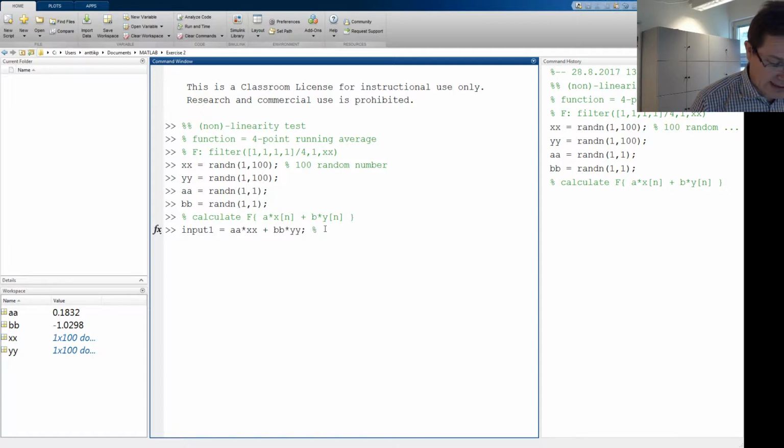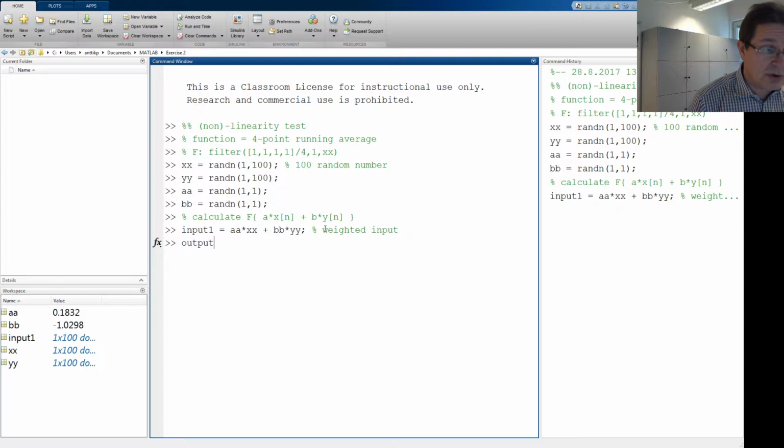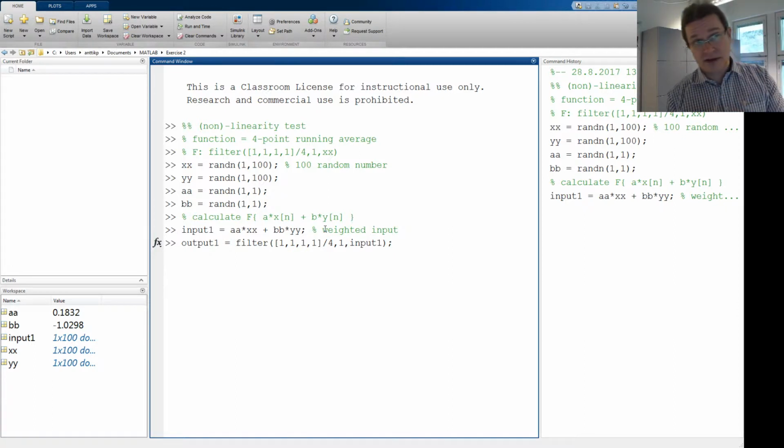That's the weighted input. Then I calculate the second, and that second input is just those separate inputs. Input 1 is that one, and output 1 is just filter divided by 4, and then that input 1. There we go. So that's the system output for this combined input.